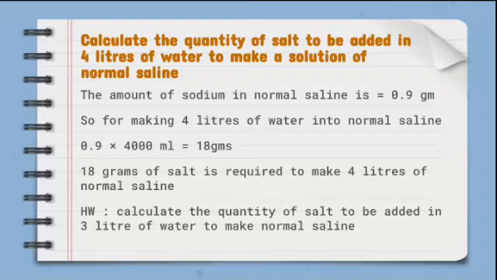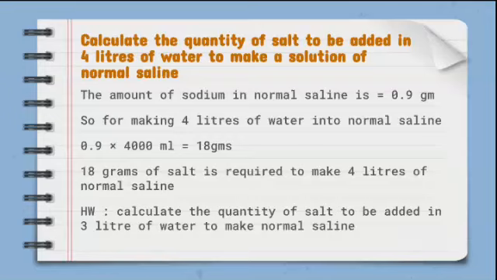Sometimes they may ask half normal saline. To make a solution of half normal saline, what do you do? Half normal saline contains 0.45 gram of sodium. They have not asked a question like this so far, but of course we can predict anything.